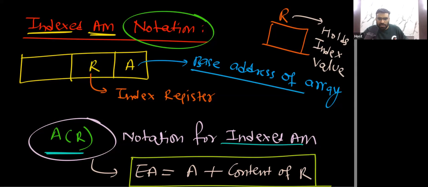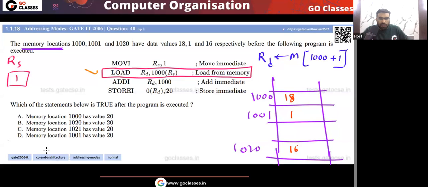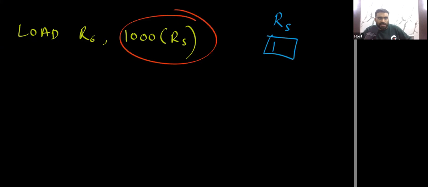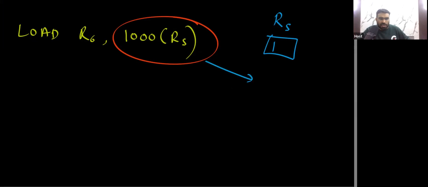Here you can notice this instruction is given to you: load RD 1000(RS). And you already know the RS value, that is 1. Which addressing mode is this? Please tell me. I told you that this is your indexed addressing mode.